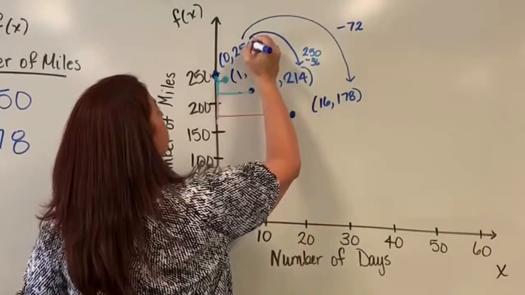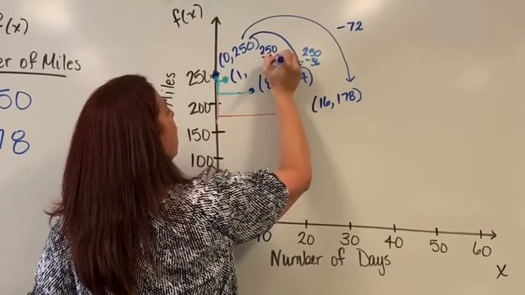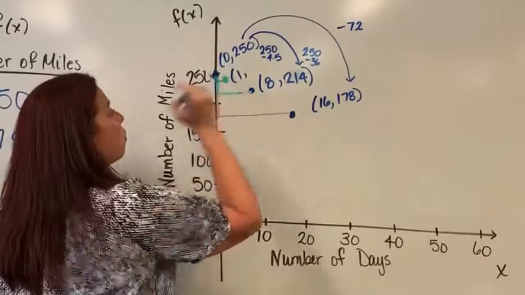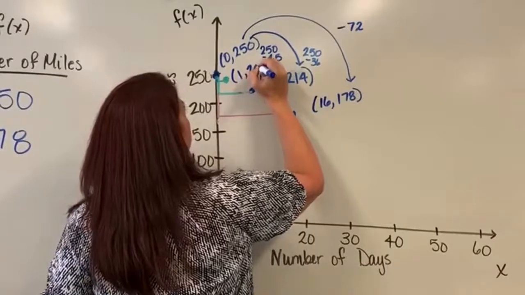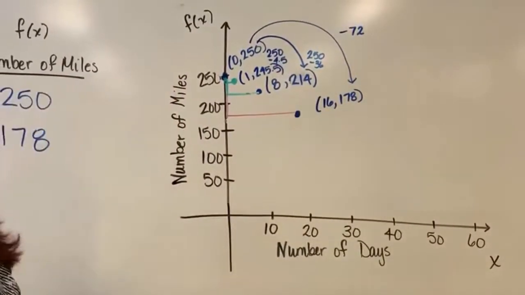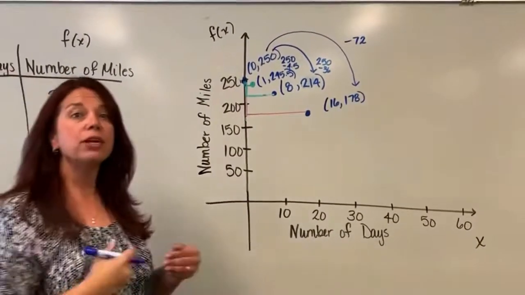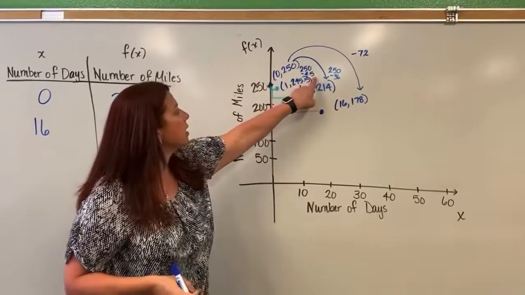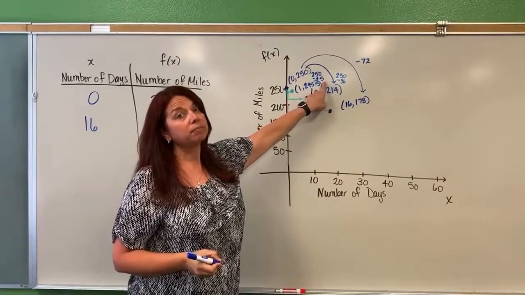So if we take our 250 and we subtract off the 4.5 that I will decrease for every day that elapses, I get a new quantity here for my miles, which is 245.5. Okay, so that tells us something about for every day that elapses, my car is draining miles at 4.5 miles per day.